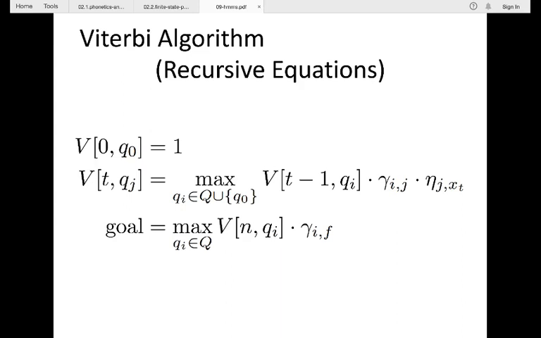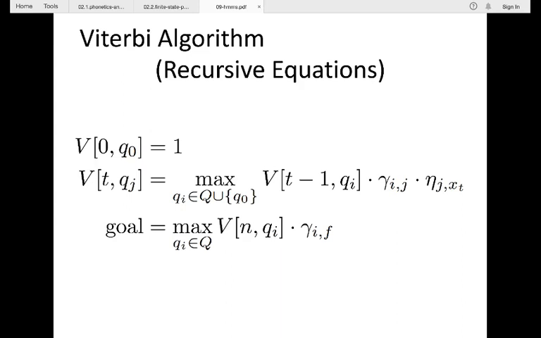We have this matrix V, and it has time steps in the columns and states in the rows. And we set the initial time step for the initial state to 1. And then we define recursively the values of each of the other cells in the matrix.